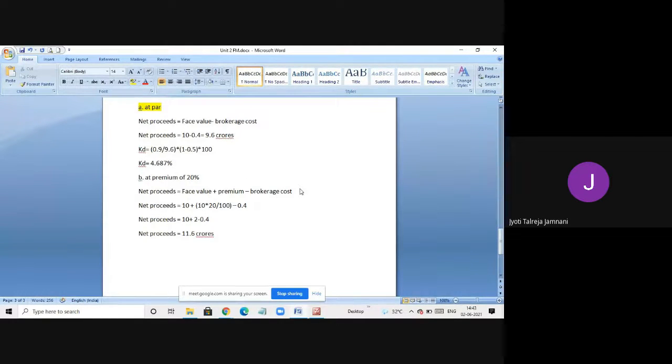Now using this, we'll find the cost of debt. Kd is equal to interest 0.9 divided by net proceeds 11.6 into 1 minus tax, 1 minus 0.5, into 100. 0.9 divided by 11.6, you get it as 3.879%.